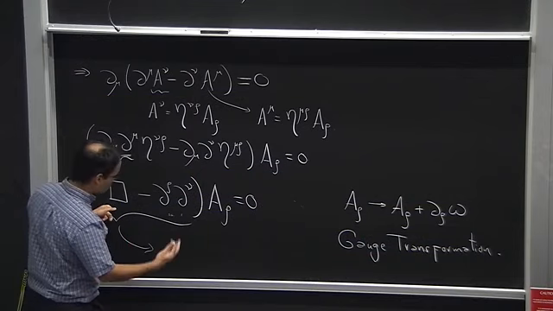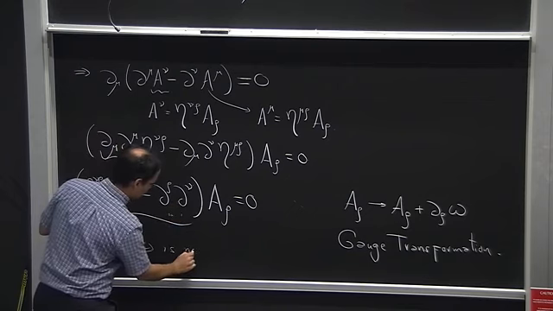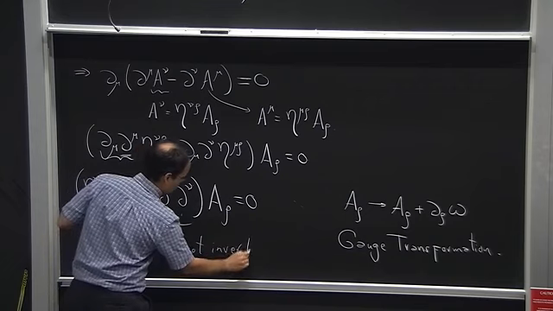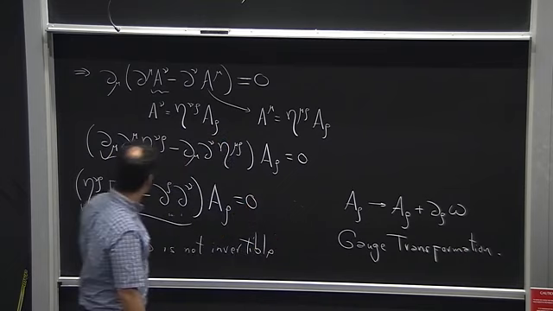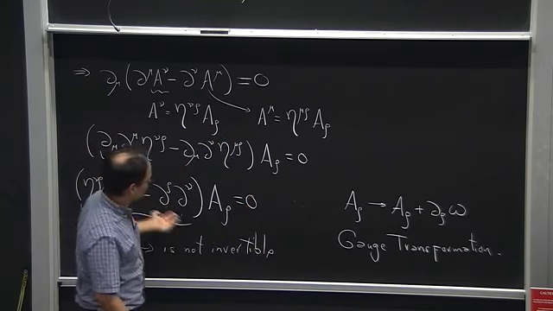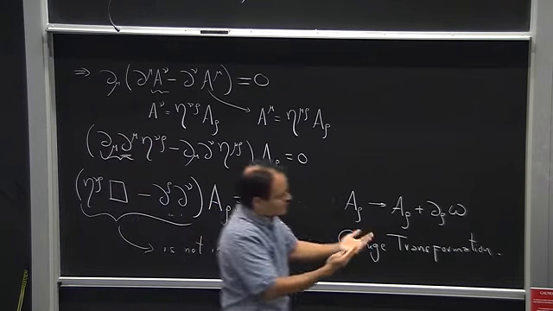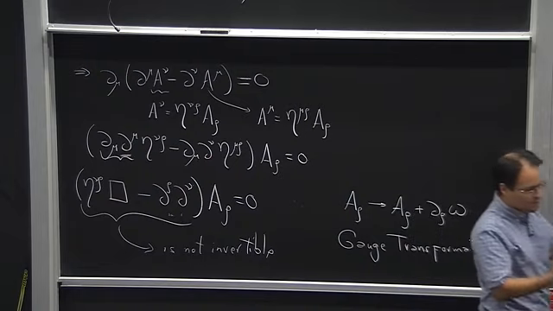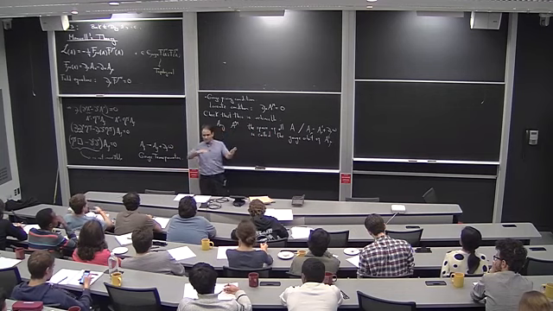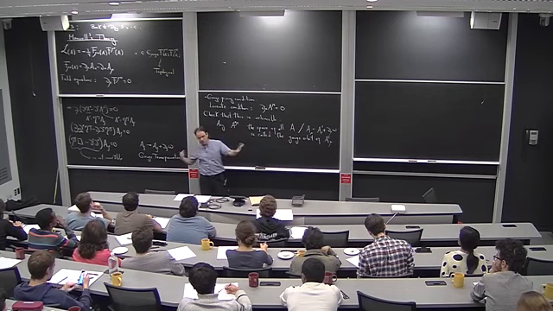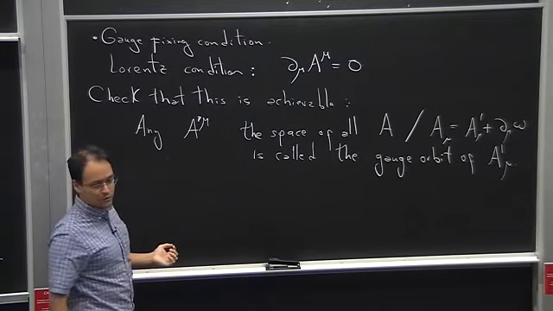So the statement that is true is that this as a differential operator is not invertible. So if on this side you put a conserved current, then this operator is not invertible, and you cannot find a unique solution. So it's just that your system of equations will not be well defined. So you have to fix your gauge, and after you fix your gauge on those gauge orbits, then you can think that your differential operator is fine, and then solve the evolution.